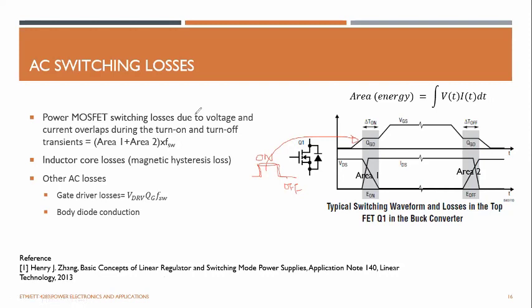Based on that, you have to design your heat sinks and everything. I have done a similar example when discussing the MOSFETs. Here also, if you want to find area 1, just get the average of these two voltages.